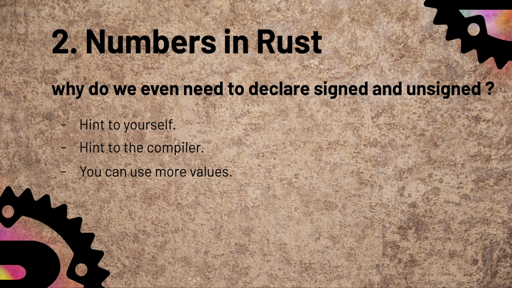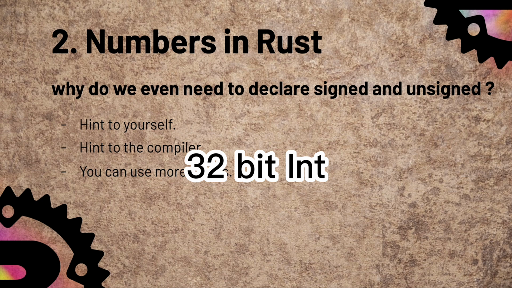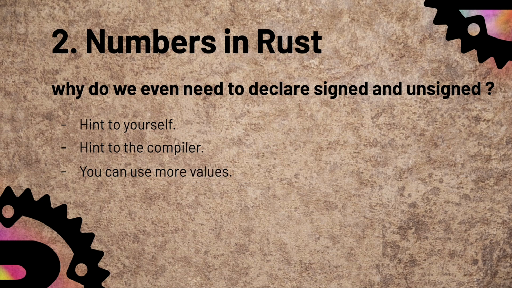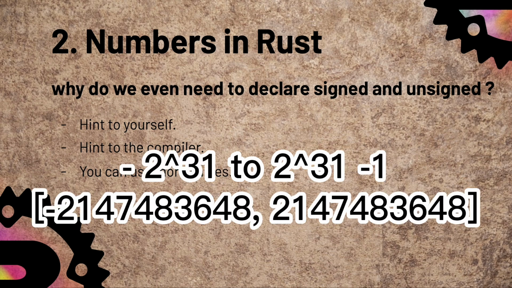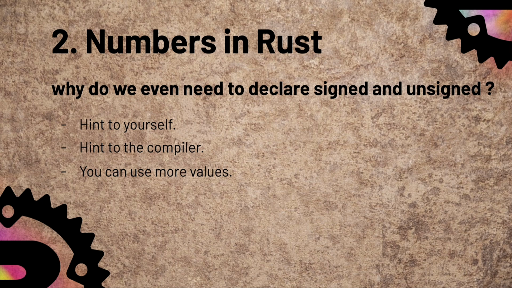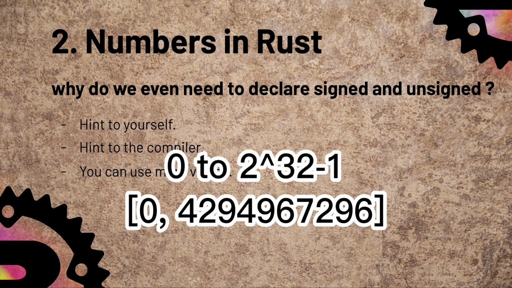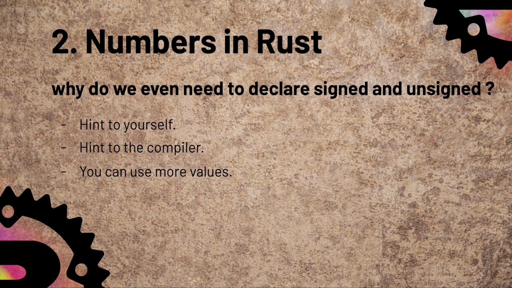For example, a 32-bit signed integer lets you represent values from negative 2 to the 31 power to 2 to the 31 power minus 1, while an unsigned integer gives you a range from 0 to 2 to the 32 power minus 1.